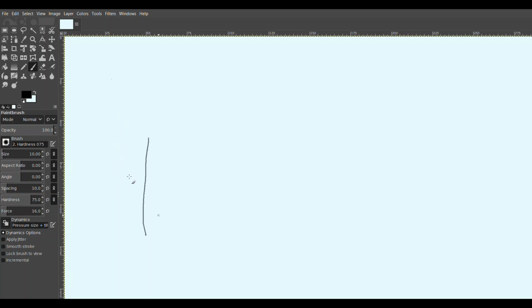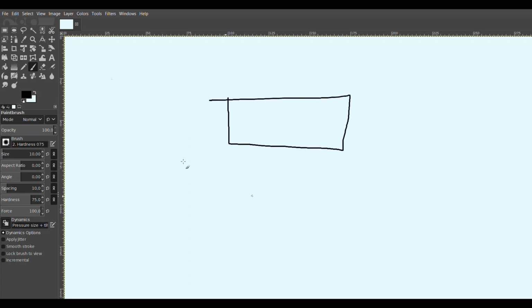maybe I should draw it the other way. Maybe I should put up the force quite a bit. There we are. Okay, so let's say we put it this way. And it looks not so good, but it could look good enough.